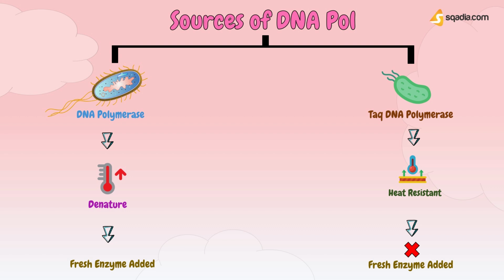The replication or polymerization of deoxyribonucleic acid requires a deoxyribonucleic acid polymerase enzyme. In polymerase chain reaction, Taq polymerase is used. It is thermostable and is isolated from a heat-tolerant bacterium, Thermus aquaticus.